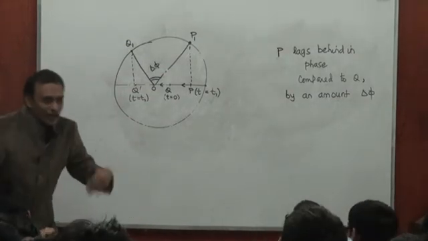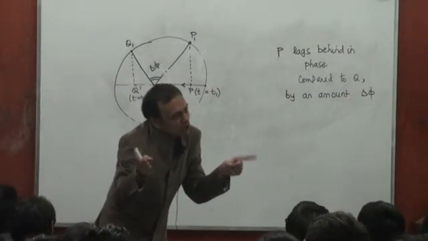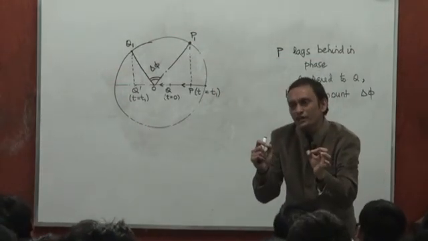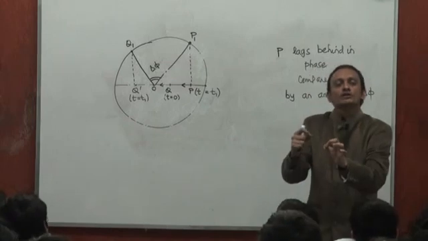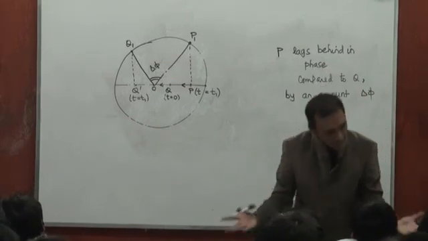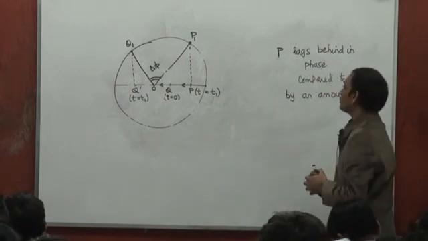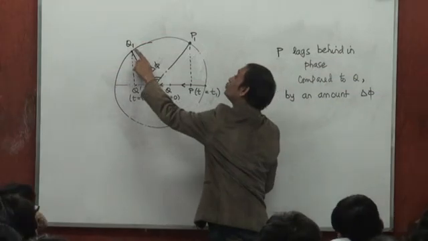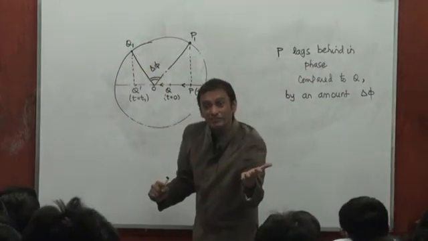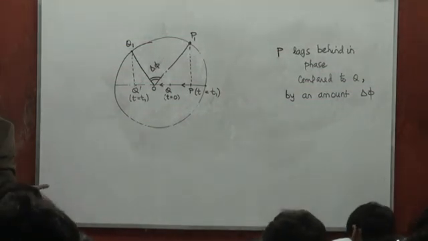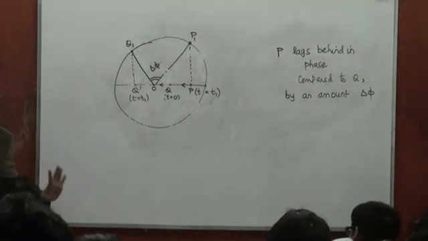So it's not a time varying phase difference between two oscillators. It's a phase difference determined out of one set of data, and that phase difference is carried forward at all instants. Got me? So we say that Q is ahead in phase by delta phi, or P lags behind in phase by an amount delta phi. That's the understanding, right?